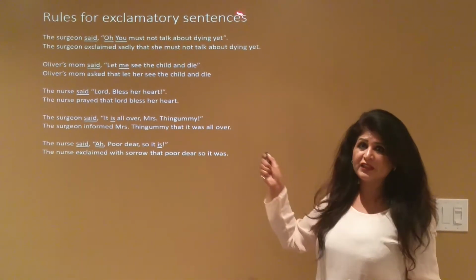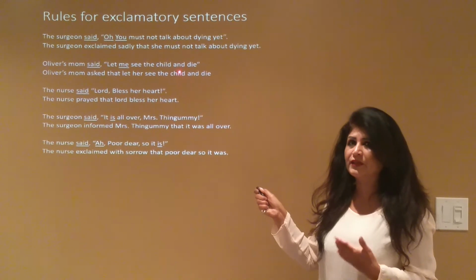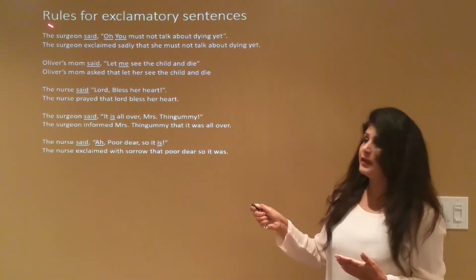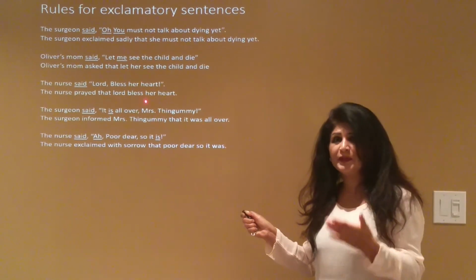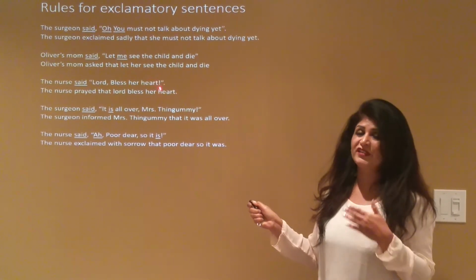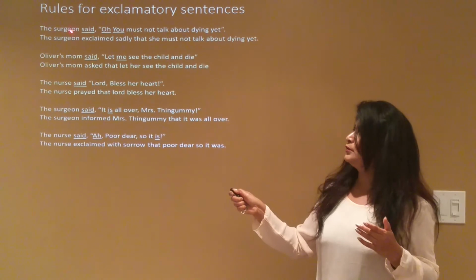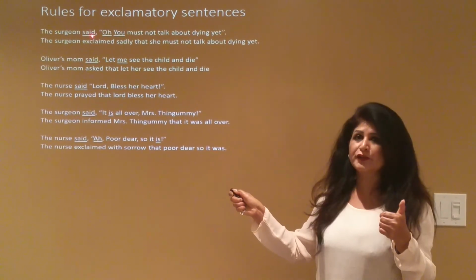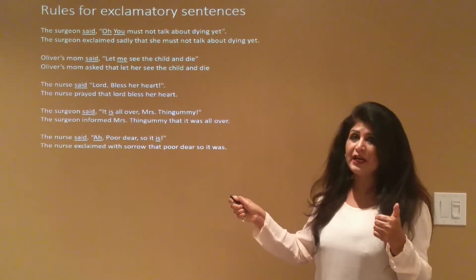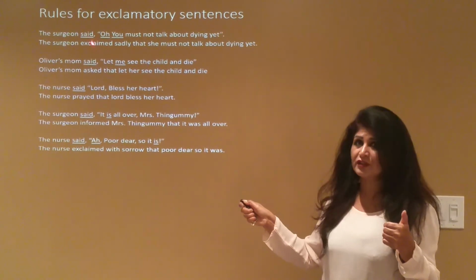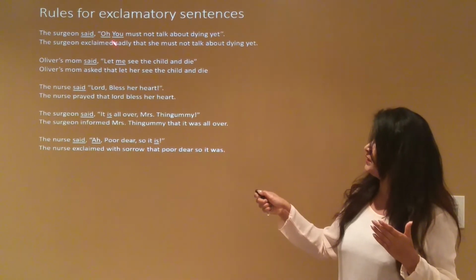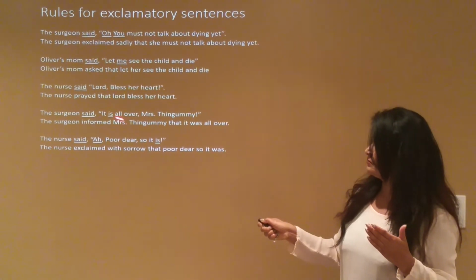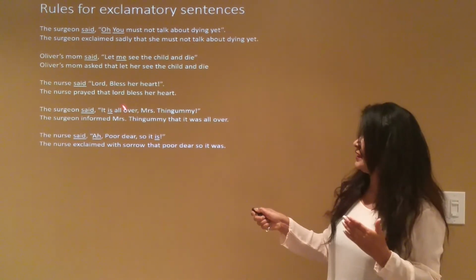Here we have these sentences from the reading, and we have to change them into reported speech. Keeping in your mind the rules of the reported speech, the first thing is look for your reporting verb and you have to replace it with an expression that conveys the mood. And then you have to look for all these words, oh, and so on.